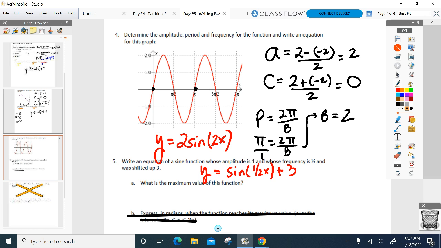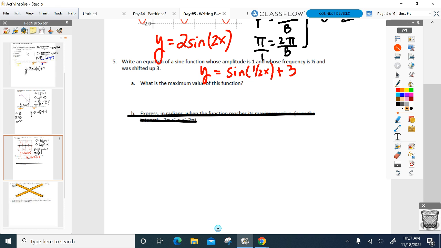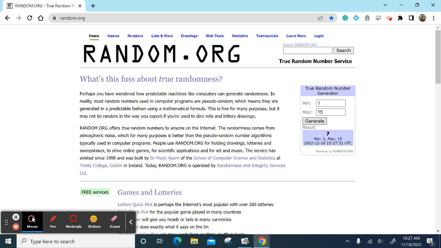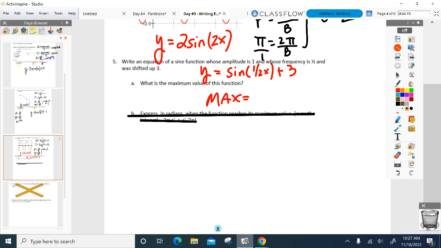And I threw in a little review there for you. What's the max of this? I threw in a little review here. This is from the quiz. What's the max? It was this, but then I shifted up 3. So now the max would be... Ready, Tim?